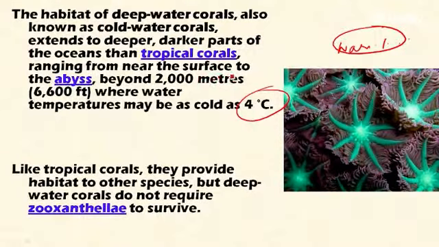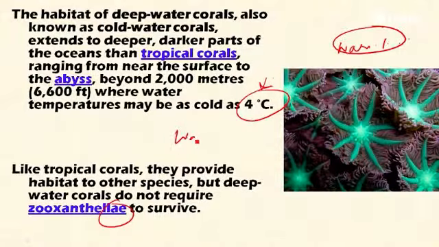They extend to deeper, darker parts of the oceans than the tropical corals, ranging from near the surface to the abyss, the bottom of the sea, beyond 2000-meter depth, where water temperature may be as cold as 4 degrees Celsius. So these are a different class of corals. These cold water corals do not require zooxanthellae to survive. This is important here.